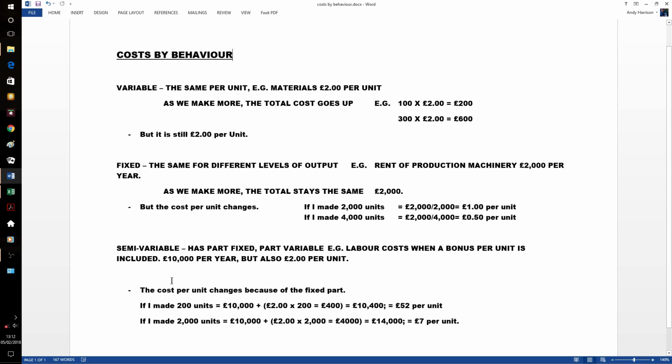However, if our employee was a little bit more efficient and actually made 2,000 units in the same time period, it would be the £10,000 basic, but now it's £2 times 2,000, that's 4,000, so adds up to a total of £14,000. 14,000 divided by 2,000, it goes down to £7 per unit. The reduction in the cost per unit is because of the fixed part.